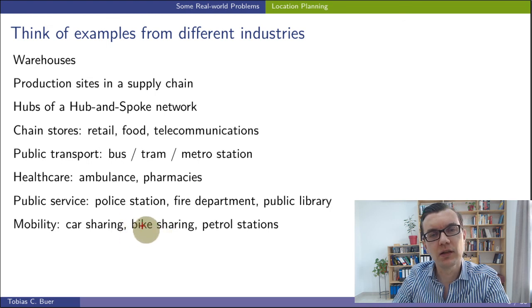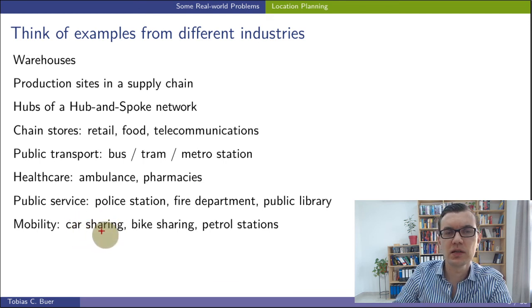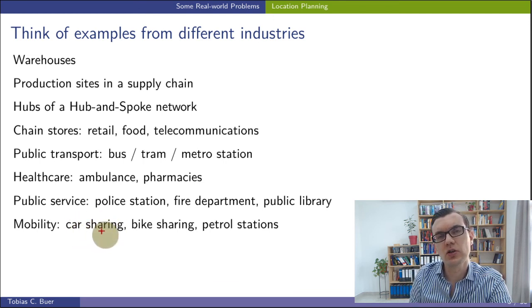Okay, bike sharing is not something that is very common here in Oman, but maybe car sharing can become important. These are concepts in order to decide for the locations where your cars that you want to share with other customers are available, how to access these, and how to return the used cars.